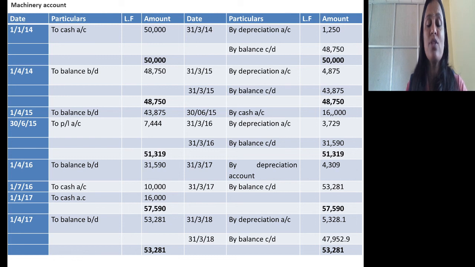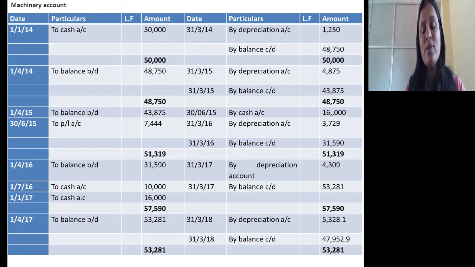Again we are moving towards 1/4/2016. Balance is 31,590. We purchased two machinery: on 1/7/2016 by paying 10,000 and on 1/1/2017 by paying 16,000. So machinery account debtor to cash account. Then the total depreciation of all these three assets will become 4,309. We will be left with a balance of 53,281.